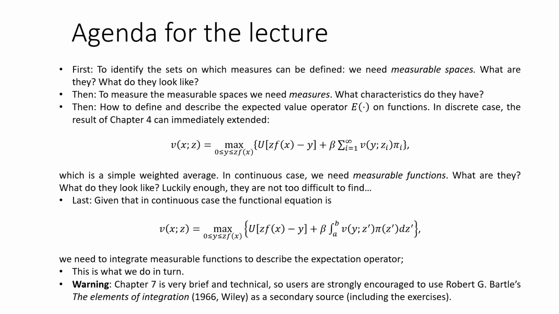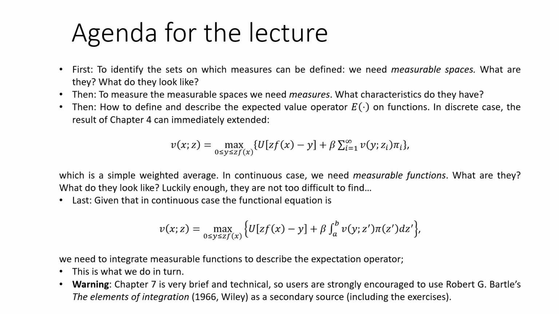Then, as the third step, we want to understand how to interpret and how to describe the expected value operator for functions. This is just a kind reminder. In the introduction for this lecture, we saw that the functional equation in a stochastic case contains the expected value of the value function, and this is what we want to understand, how to solve such problems.